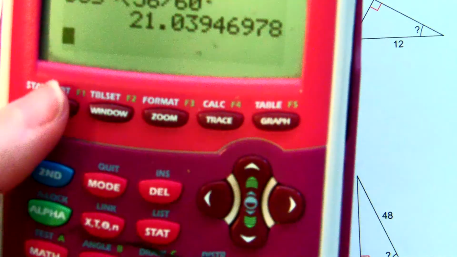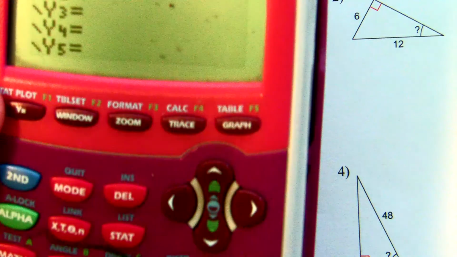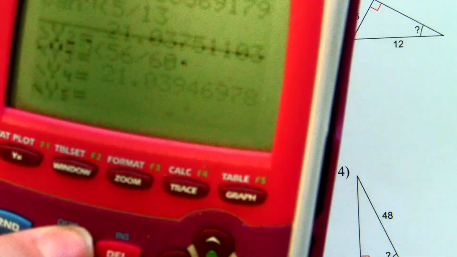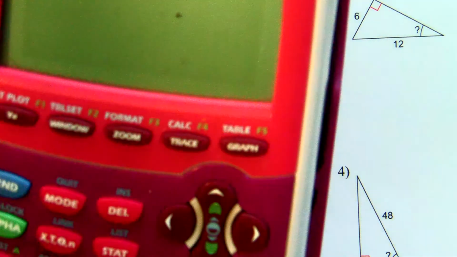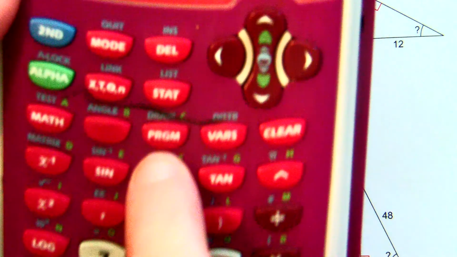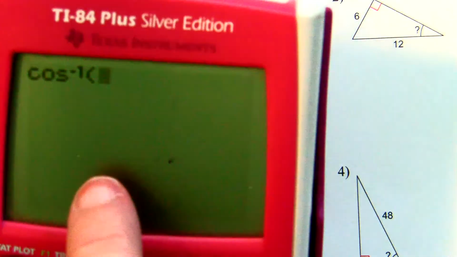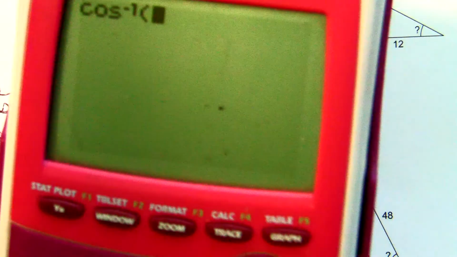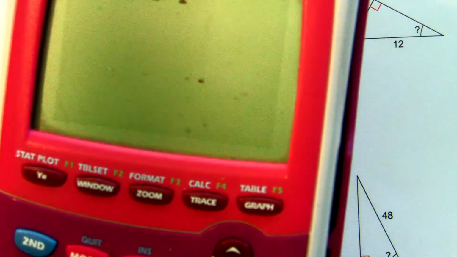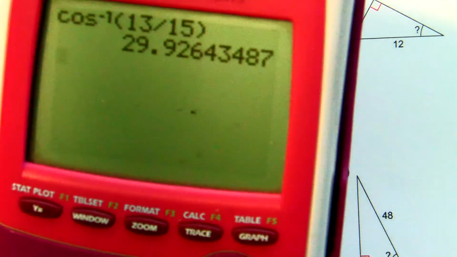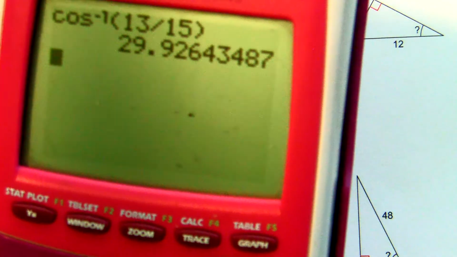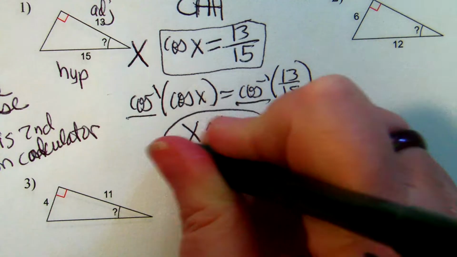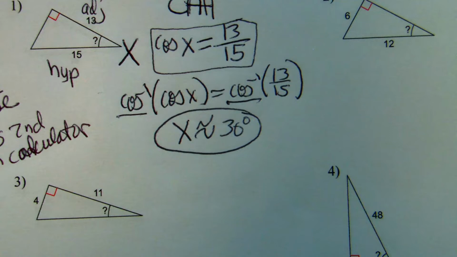So second cosine, and see how it says cosine to the -1? That's what we want. Second cosine 13 divided by 15. And how many degrees? 29.9 rounds up to 30 degrees. That's how you find the missing angle.